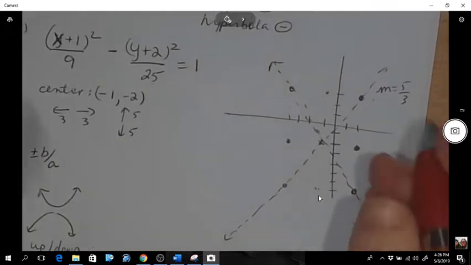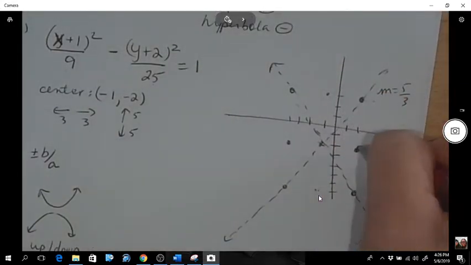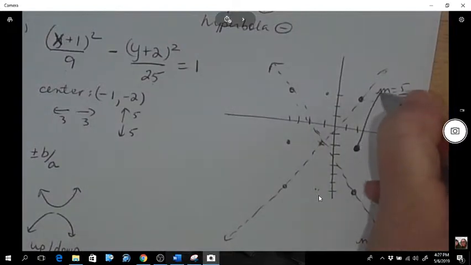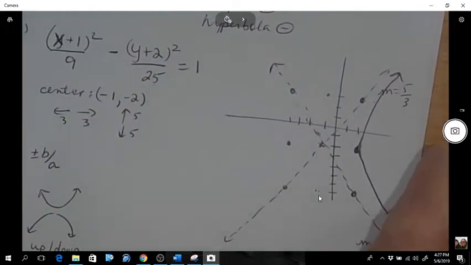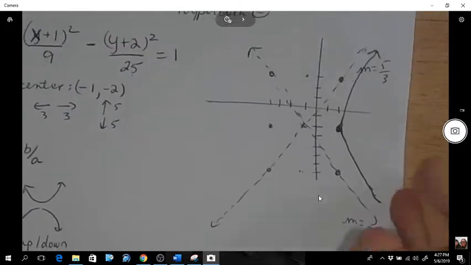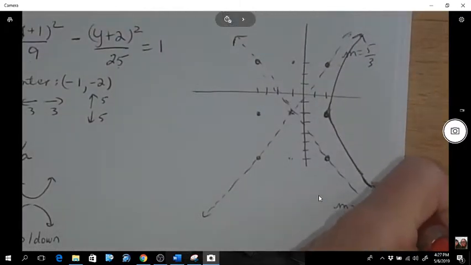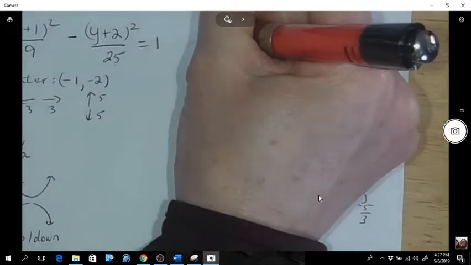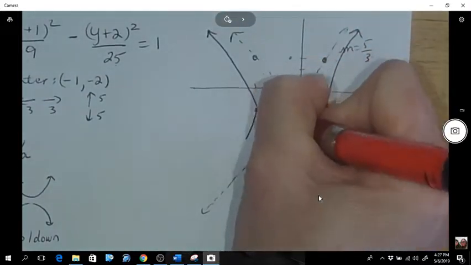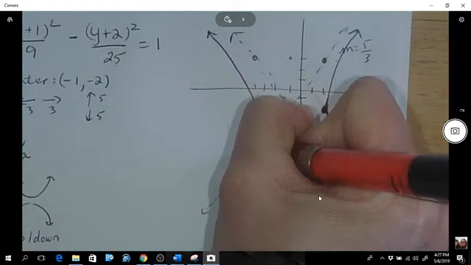Okay, so this is going to be the vertex, and it's going to approach the asymptote. And remember that when you get to asymptotes, they approach asymptotes. They don't cross over them.